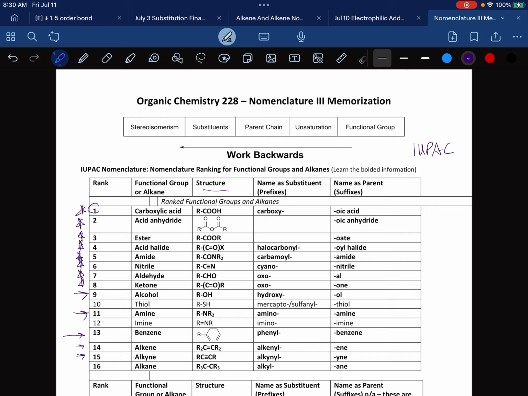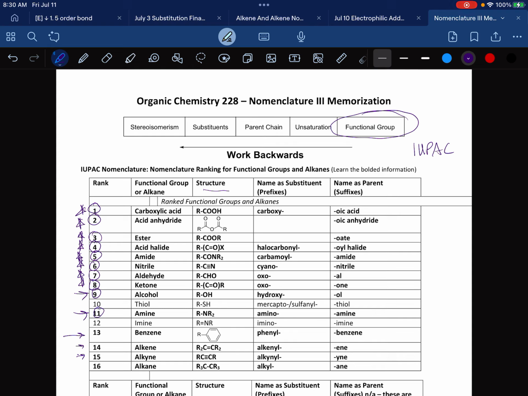The first thing we need to worry about is the rank. So here listed are the rank numbers. And these are important because when you have a molecule with more than one functional group in it, you'll need to decide which one is going to be the one that goes in this part of the name, which is the functional group. And what we're going to do is the highest ranked group is going to be the one that gets named as the functional group.